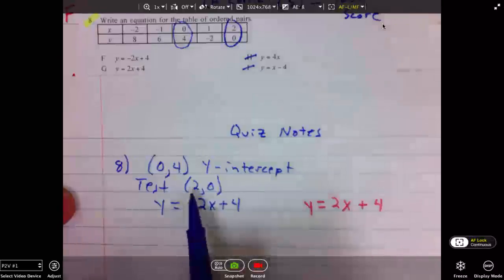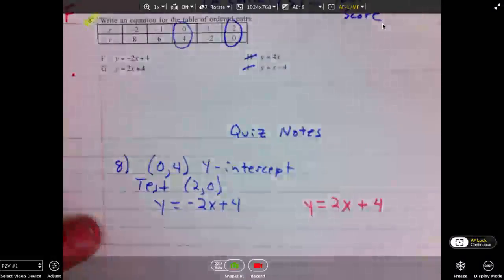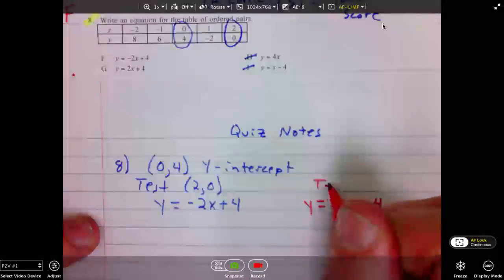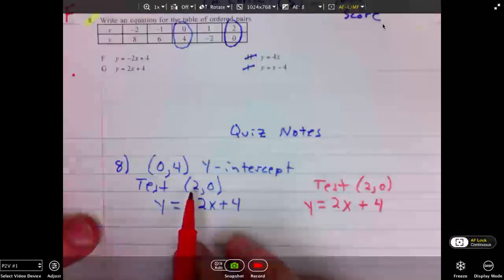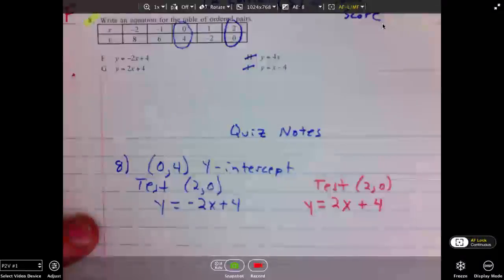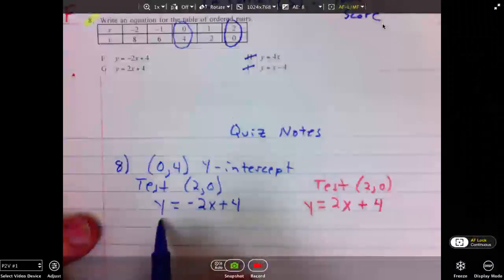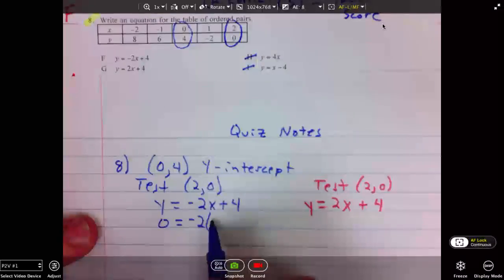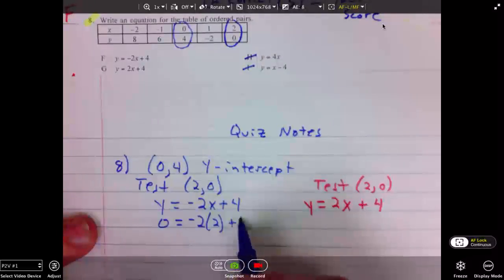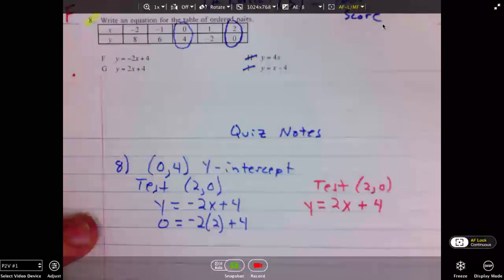I'm going to test 2, 0 in both of these equations. 2 is my x, 0 is my y. Here I go. Substituting 0 in place of y, negative 2 in place of x, substituting 2, plus 4.